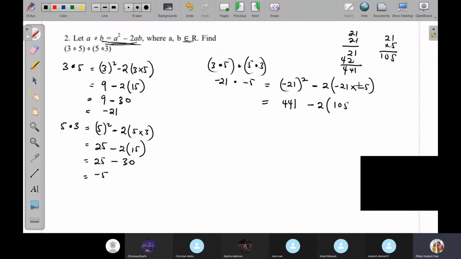It should be a positive number. So we have 105. Then finally, 441 minus 2 times 105. 2 times 5 is 10. 2 times 0 is 0, plus the 1, which is 1. Then 2 times 1 is 2. Then finally, we have to subtract 210 from 441.